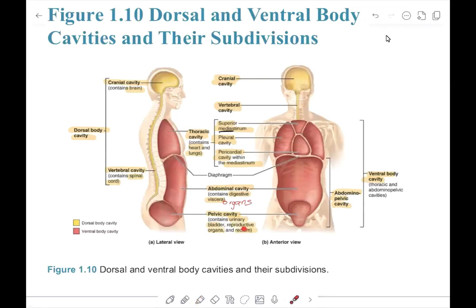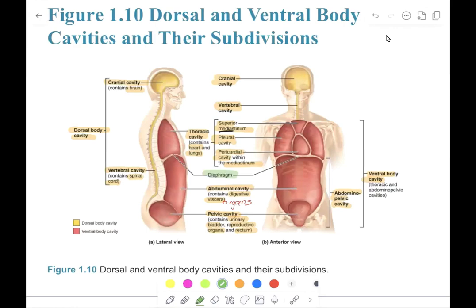The rectum is the very end of the large intestine, but the bulk of the large intestine is in the abdominal cavity. Also, separating the abdominal cavity or abdominal pelvic cavity from the thoracic cavity is a skeletal muscle called the diaphragm.